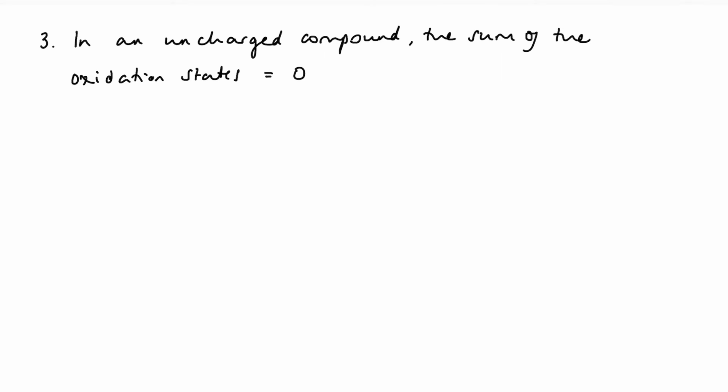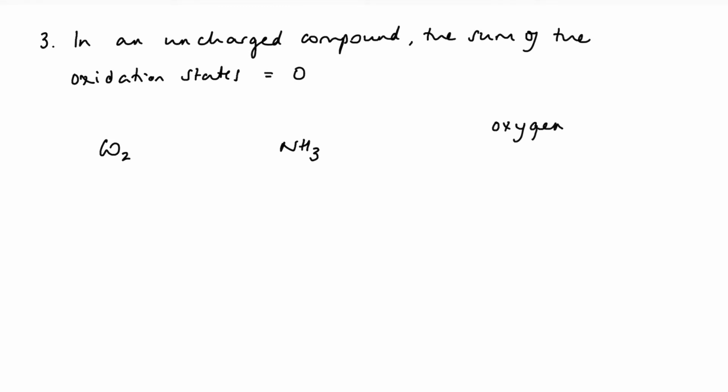Rule number 3. In an uncharged compound, the sum of the oxidation states is 0. I'd like to look at a couple of examples, carbon dioxide and ammonia. But before I do so, we also need to be aware that there are some elements whose oxidation state rarely changes regardless of whoever they're in a compound with. First one is oxygen.